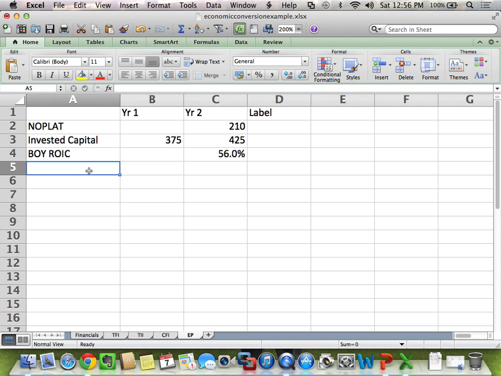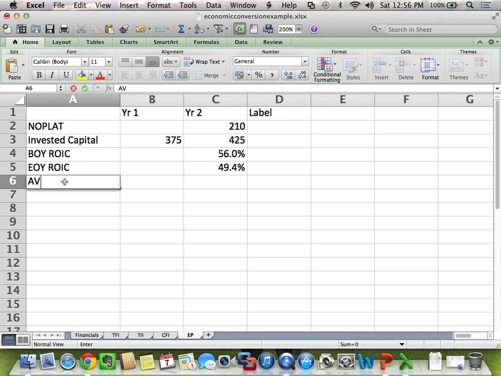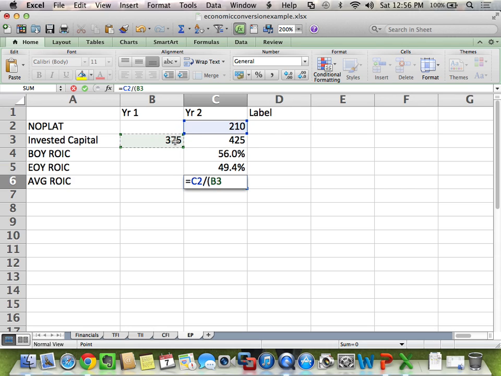If I had done the EOY ROIC, I would have gotten year 2 NOPLAT divided by year 2 invested capital. And then if I had done an average ROIC, then I would take the NOPLAT divided by the 2 years of invested capital divided by 2.